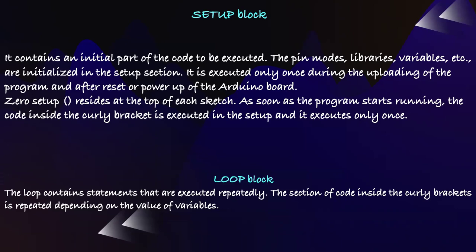How many times and when to repeat must be given by us in the code. If we define any variable in the setup block, the first block, then after that we can assign any number of values, and the code can be run any number of times within the void loop. That is the purpose.